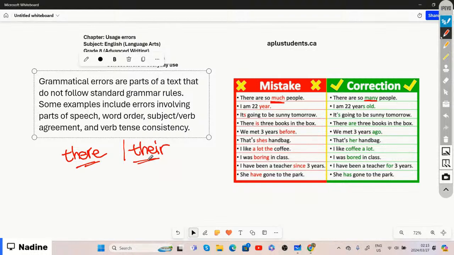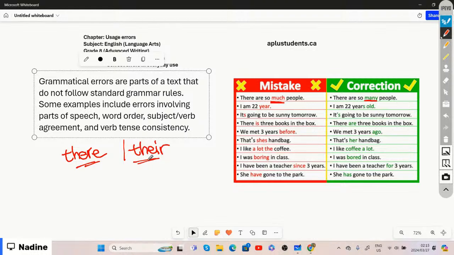Then another grammatical error that a few of us make, I will include myself, is "I have been a teacher since 3 years." That is wrong. It's like saying you were 3 years old when you started being a teacher.